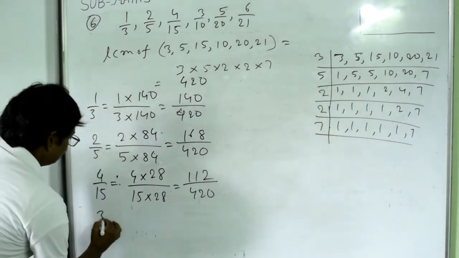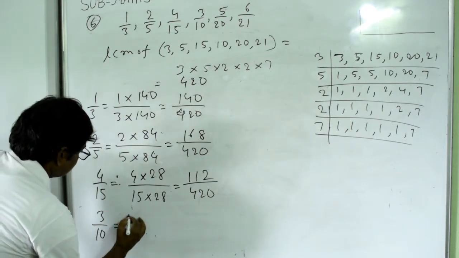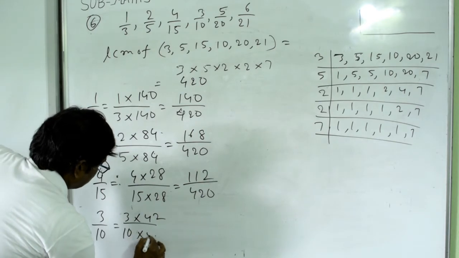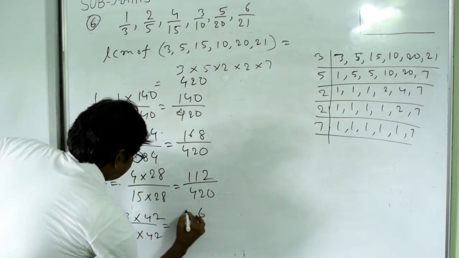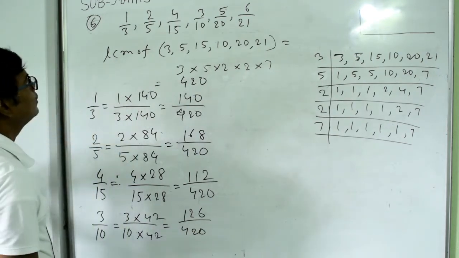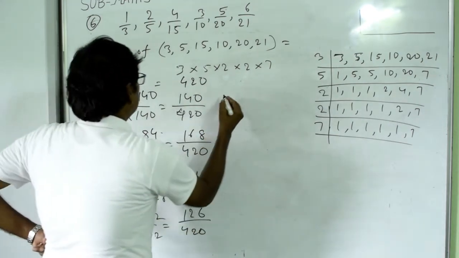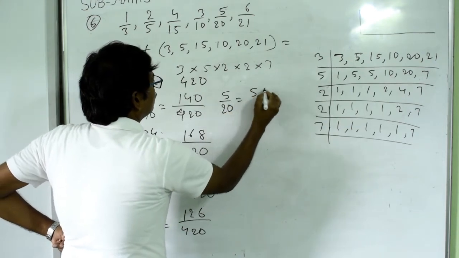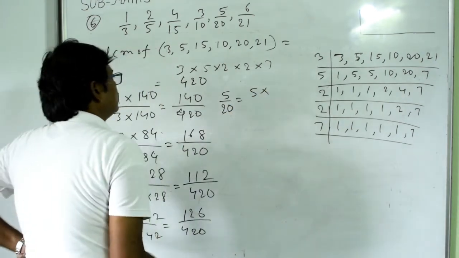Next 3 by 10. It is simple here, 42 by 10 into 42. Then 5 by 20 is there. So write 5 into how much? 21.